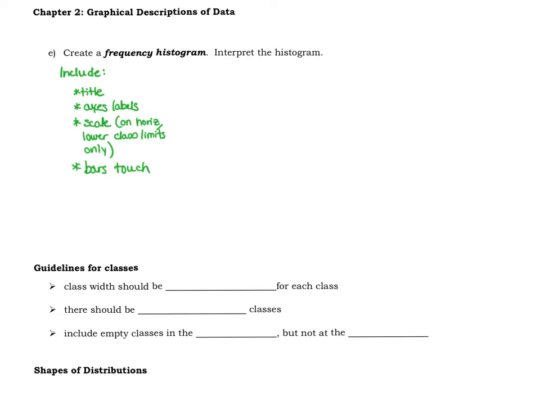Okay, so let's work on sketching our histogram. We need a vertical and a horizontal axis. It says we're only going to include the lower class limits. So we're going to start over here at 50, and you do start right in the corner. Then we'd have 100, 150, 200, 250.